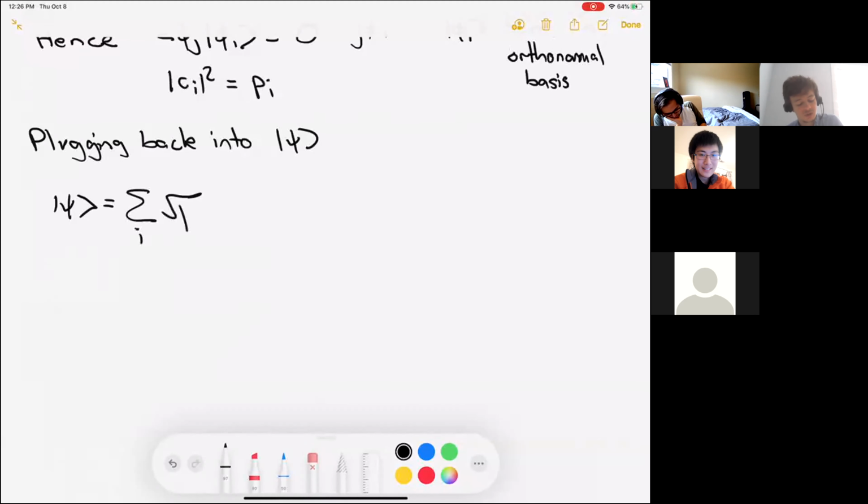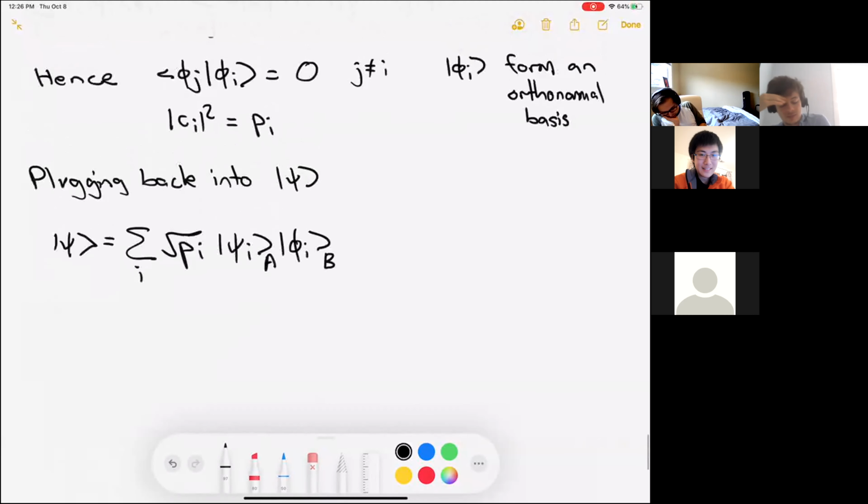So we just have a square root of p_i times psi_i times phi_i, where the inner product of psi_i and psi_j equals the inner product of phi_i and phi_j, which equals delta_ij.